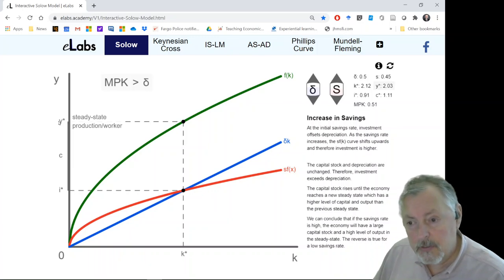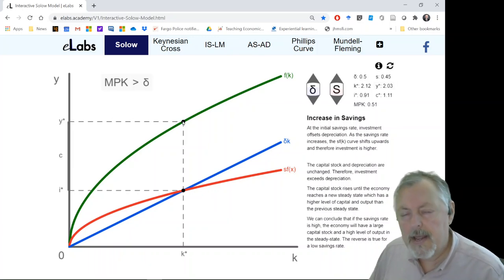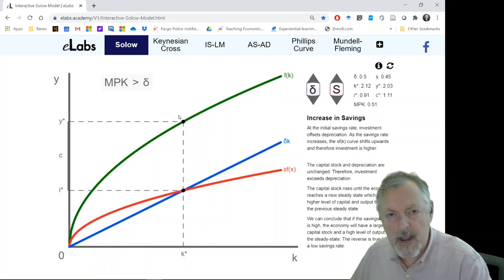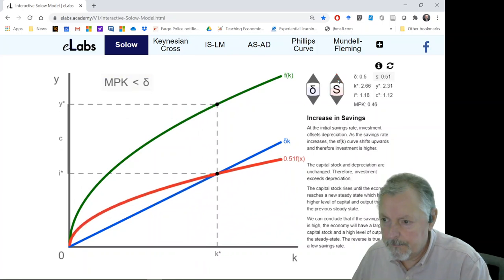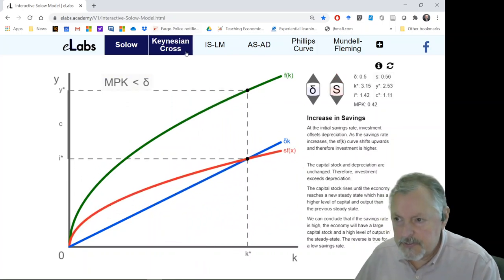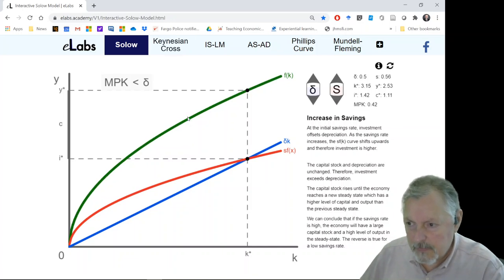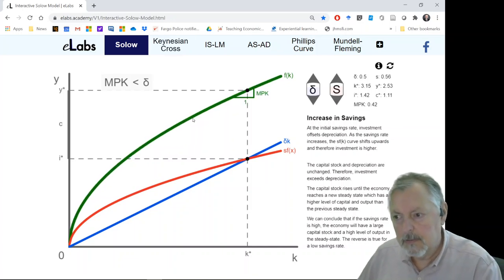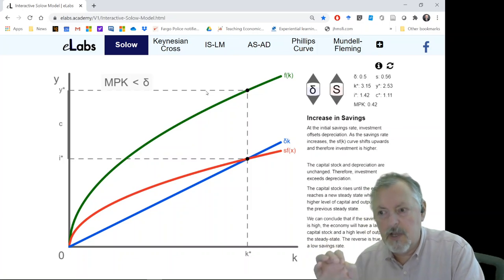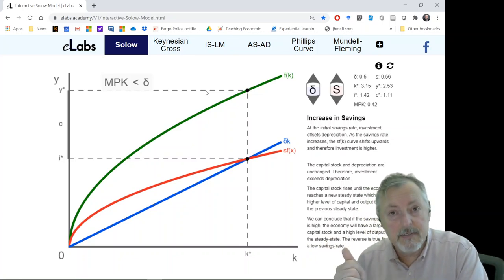This is your standard of living. What happens if the society starts saving a larger fraction of income? Well, instead of having this living standard, you have a higher living standard. If the savings rate goes up, the standard of living will rise.